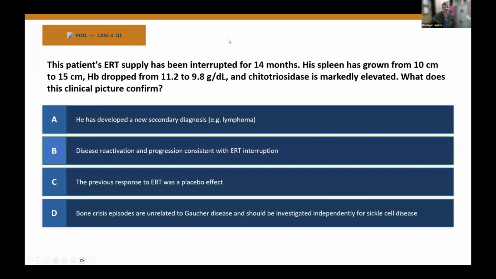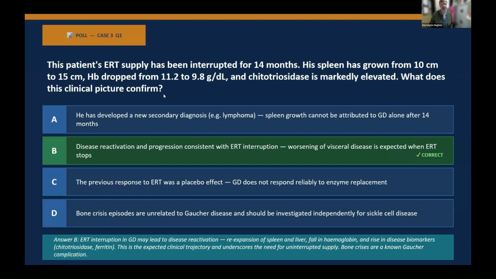So the first question: this patient's ERT supply had been interrupted for 14 months. The spleen had grown to 15 centimetres and the haemoglobin dropped. So what does this clinical picture confirm? In this particular situation, the answer is B, because we know that enzyme had been interrupted.